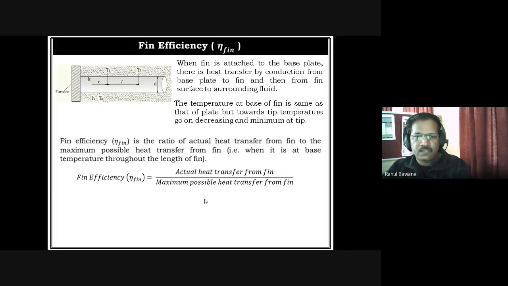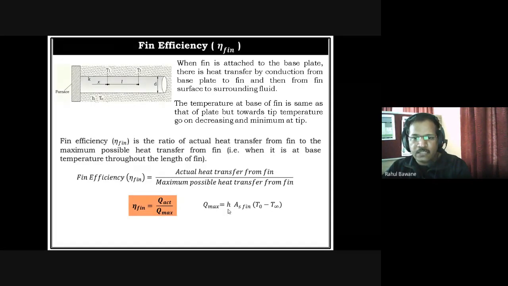So the formula will be fin efficiency equals actual upon maximum. Maximum will be by using Newton's law, h times surface area of fin, but now we are assuming the whole surface area of the fin is at base temperature, times (T0 minus T infinity).